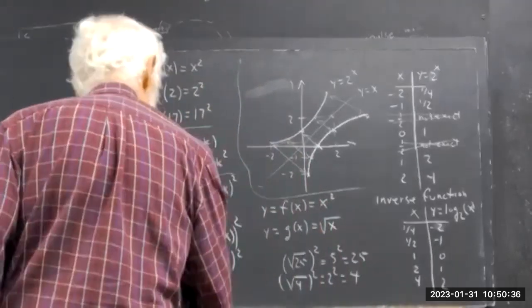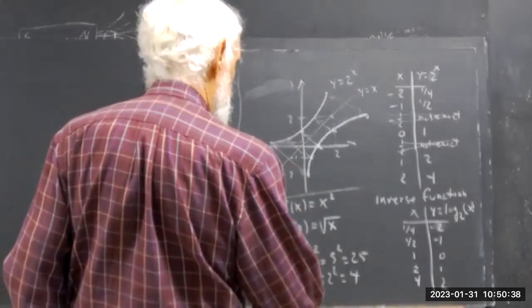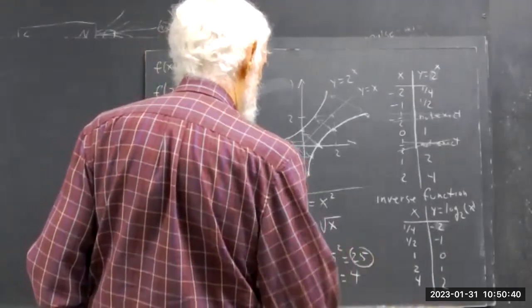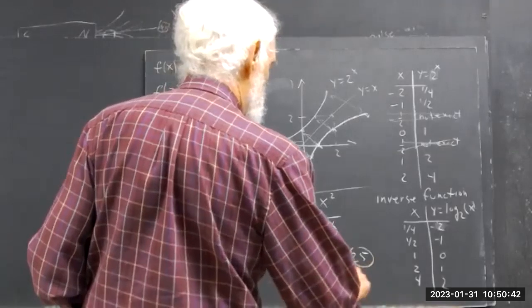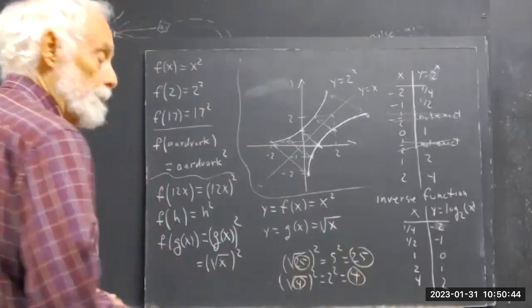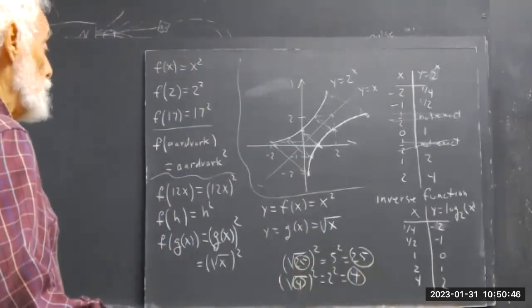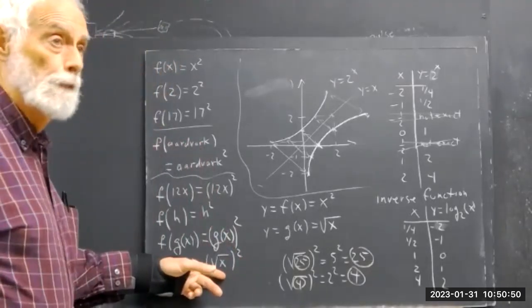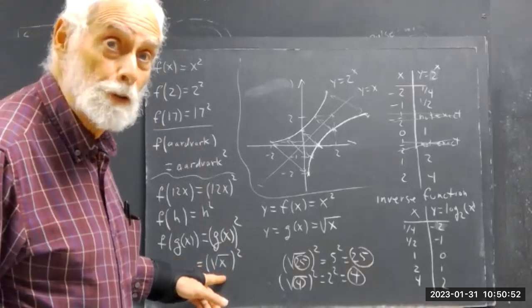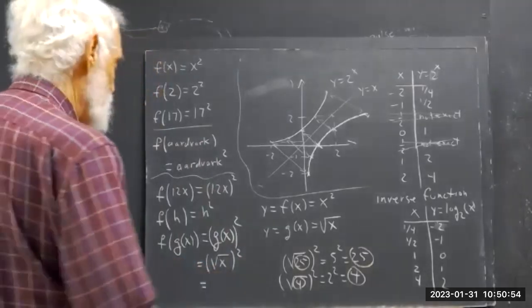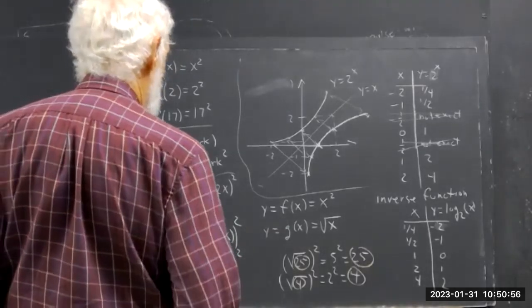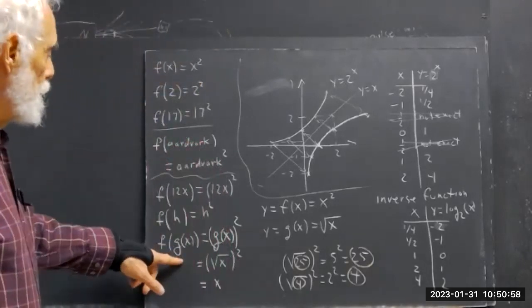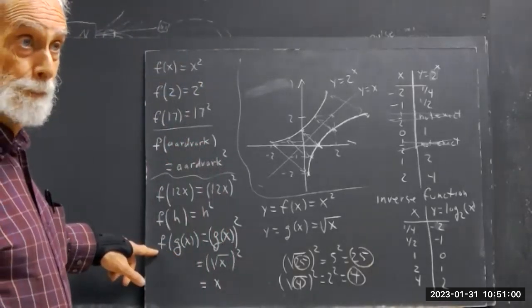So the number we have here is the same as the number we have here. Same here. Whatever number we put in, the square root of x is defined as the number that you would square in order to get x. This has to equal x. So g is an inverse function to f.